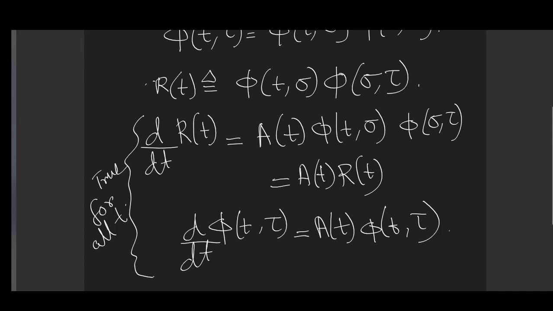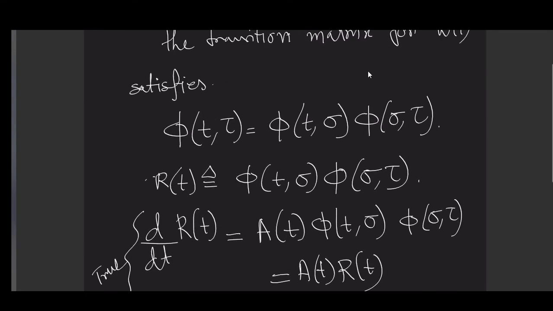Right. So the initial condition is at t equal to sigma. If you set t equal to sigma, then both of these become the same thing. Why so? Because when we equate the two arguments, you do not need to transit.